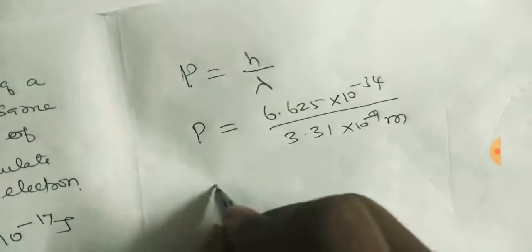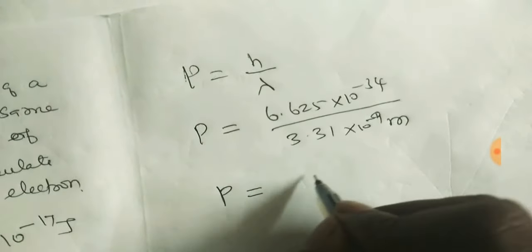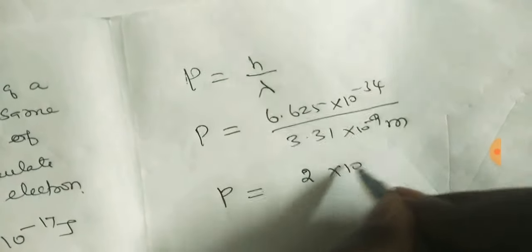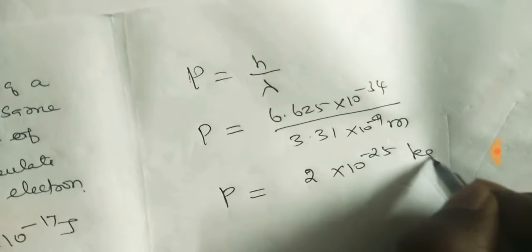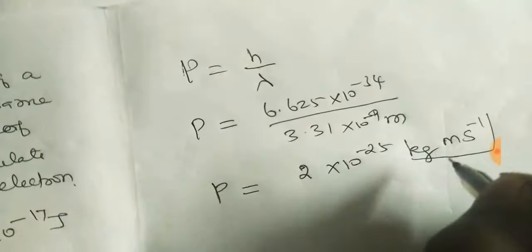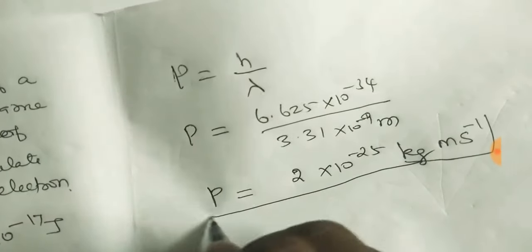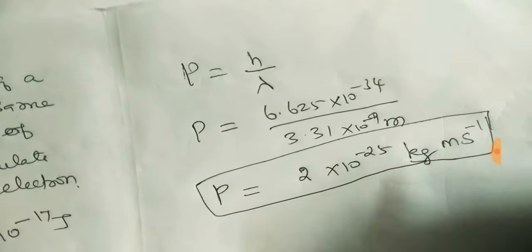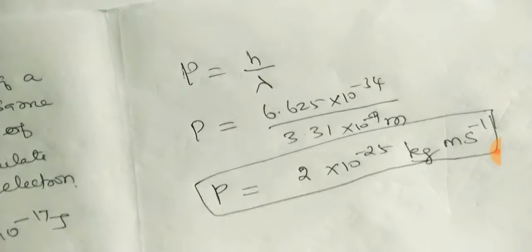Then when you are dividing, you will get the momentum value 2 into 10 power minus 25 kg meter second minus 1. Okay, if you do not write the unit, you will not be given full marks.